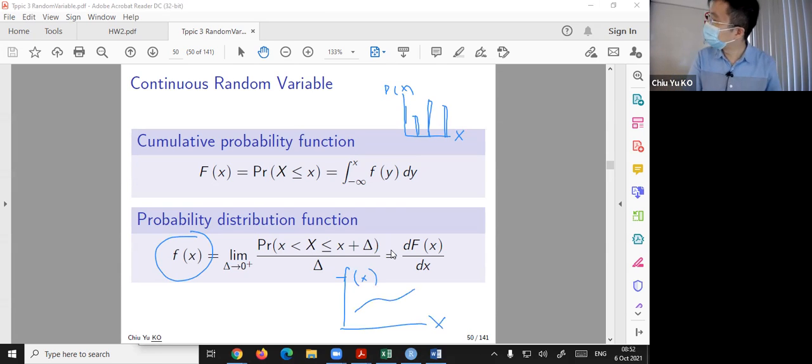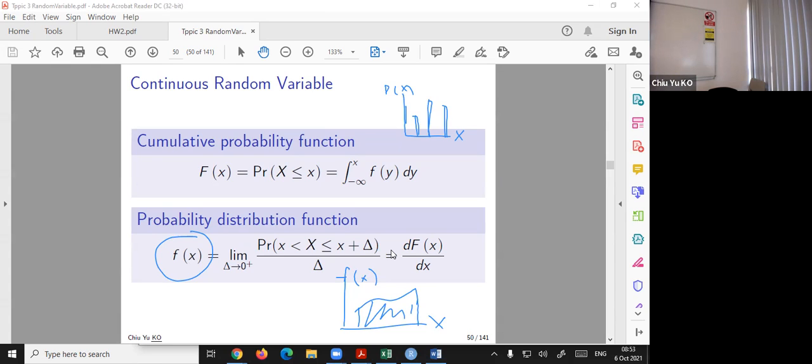We'll be drawing this, and the area under this f curve will be the probability. So the area below the whole curve will be 1. Then the area between these two points will be a probability, same as the histogram or the bar chart. So the question is how these two are related.